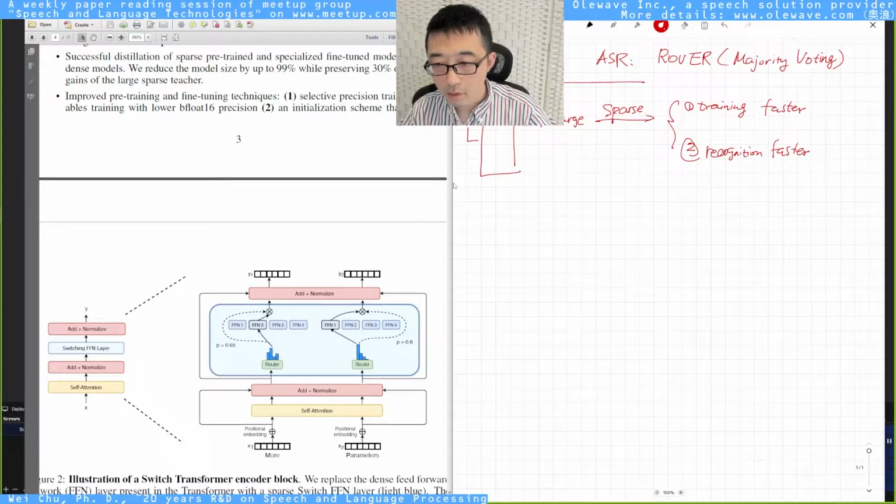Then you can see that the traditional feed-forward network, or linear layer, has been replaced by this switch feed-forward neural network layer.